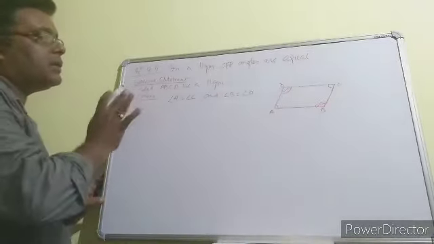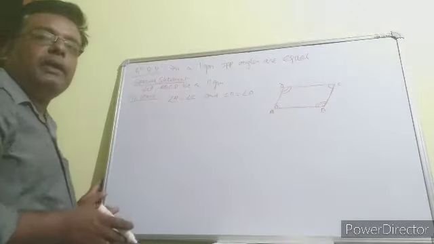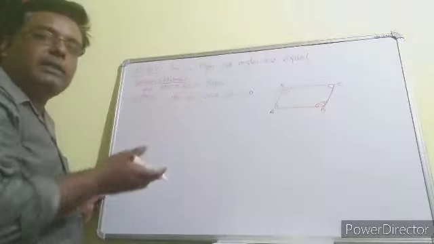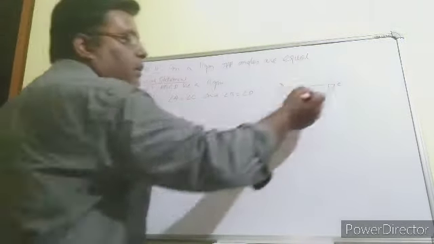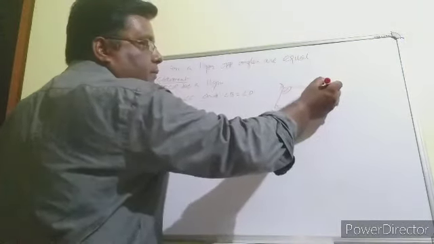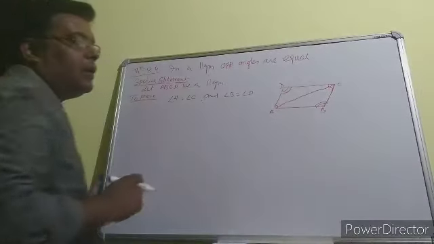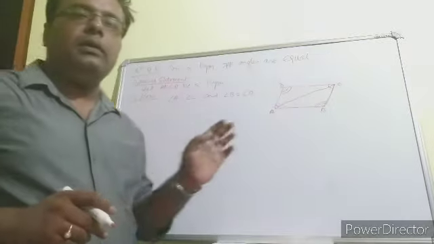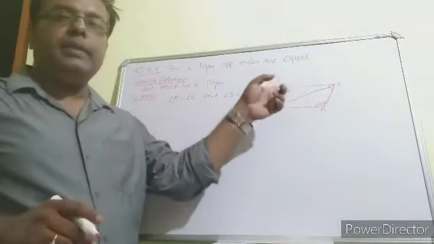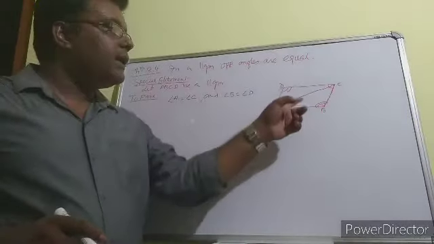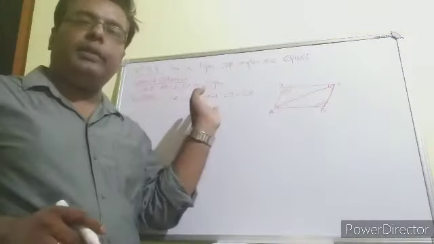And to prove it, first we have to make two triangles. That is, we have to draw a diagonal, either AC or BD. So we draw here AC. When we draw, we get two triangles ABC and CDA, and we know that they are congruent, but here we have to prove it.